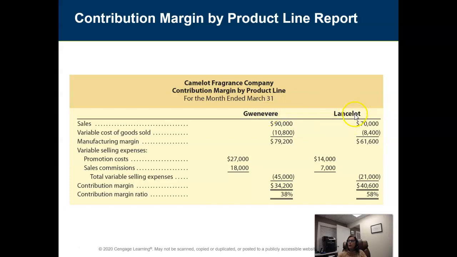Now you can see the Lancelot has a much healthier contribution margin ratio as opposed to the Guinevere. So now you're a manager. Aren't you going to try and push this Lancelot? Because boy, the company's numbers are going to look a whole lot better if you can sell more Lancelots than Guineveres.